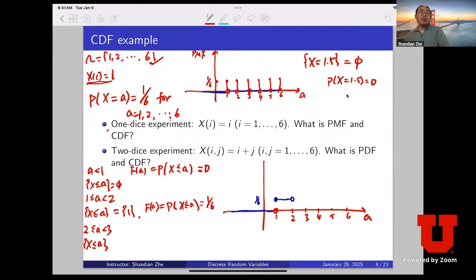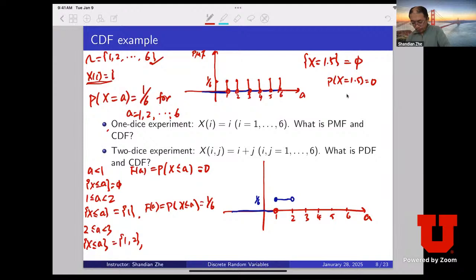Which outcomes of rolling the die would be included in this event? 1 and 2, right? Because A is no less than 2, but it's less than 3, so this event will only include 2 elements, 1 and 2.